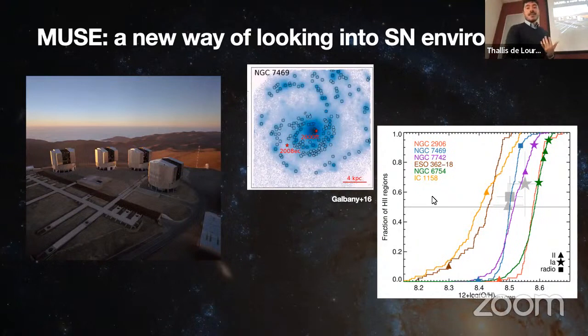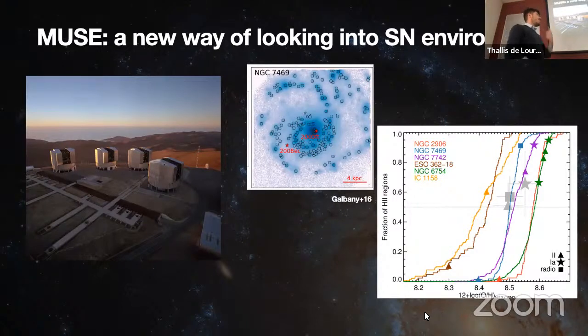Here is an example of one galaxy that they analyzed. These dark black symbols are all the H II regions identified in the galaxy. Again, this is with a very good spatial resolution, and these are the supernova locations. Here they are showing again cumulative distributions of each galaxy in terms of metallicity.